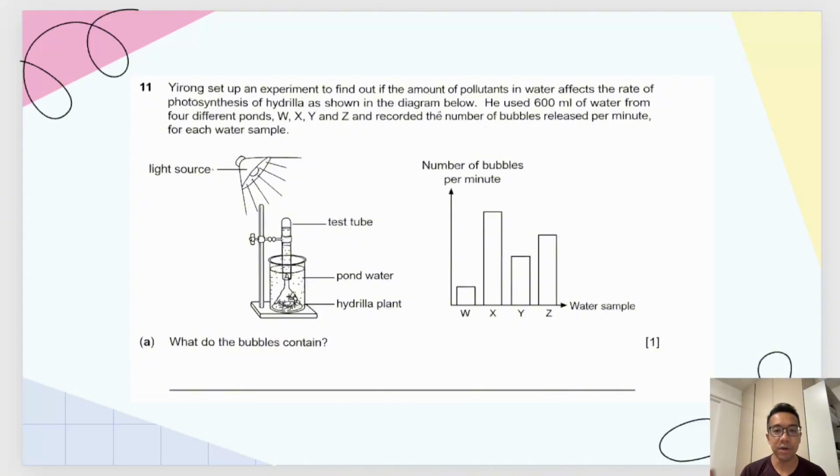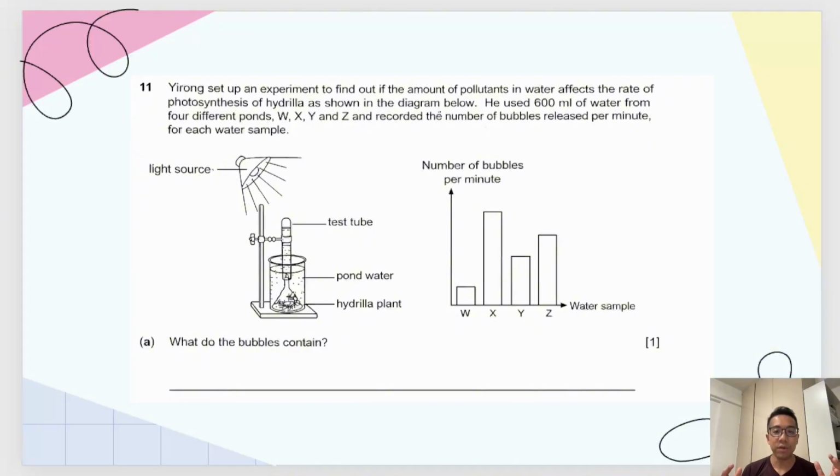As mentioned earlier, photosynthesis requires a light source and carbon dioxide. The carbon dioxide, in this case, is dissolved carbon dioxide from the pond water, because this is a water plant in the form of hydrilla, whereas the light source is from the lamp itself.